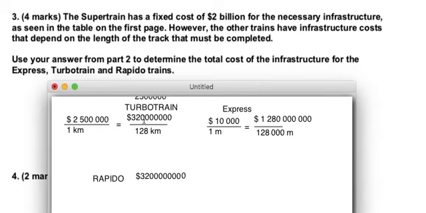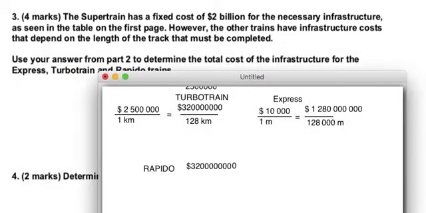The turbo train is $320 million. And the express train is $1.28 billion. So the turbo train is actually a nice little bargain here at $320 million, a little spare change that it would cost you. And that's how you do question 3.